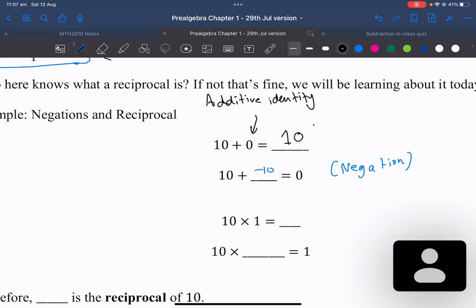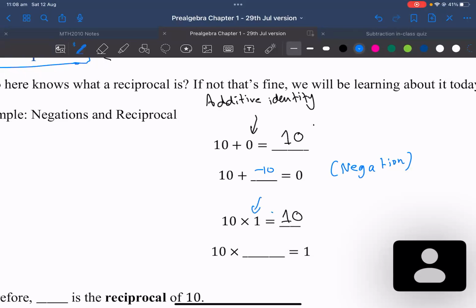But for multiplication, is 0 that number? When you multiply by 0, do you change the answer? Yes, it becomes 0. If you have 10 multiplied by 0, it doesn't come back to 10, it's 0. The number that you need to multiply by 10 to come back to 10 is just 1, because 10 times 1 is 10. So 1 is the special number for multiplication.